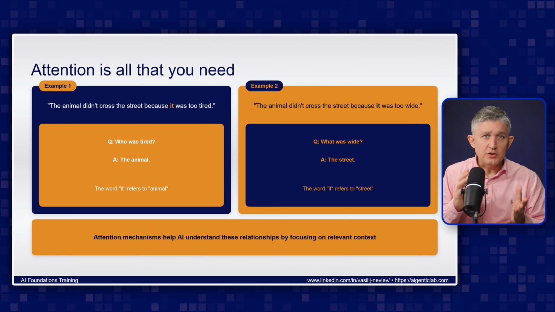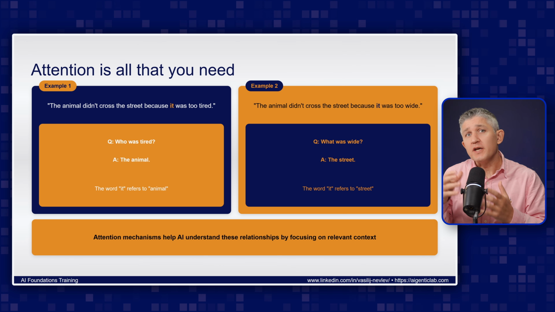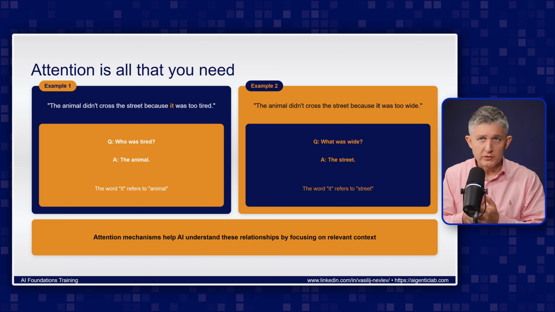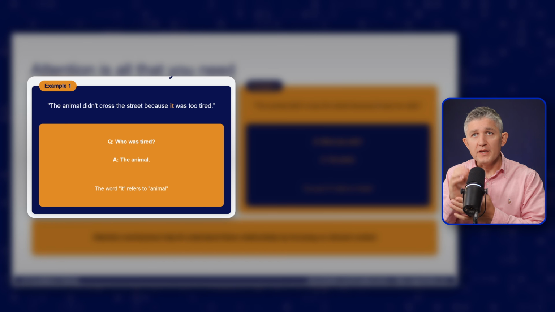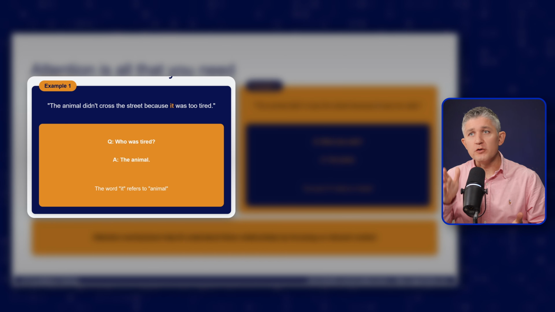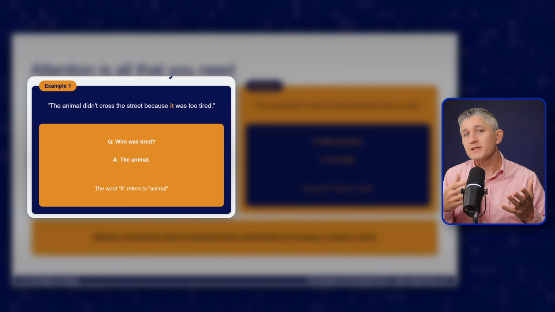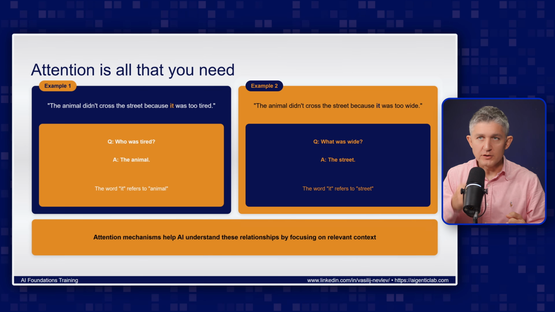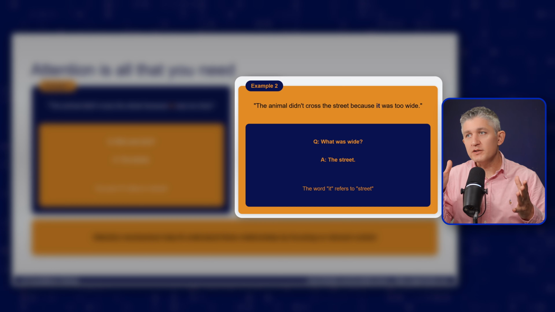Don't memorize it. Just know attention is the engine for how large language models work. Look at example 1. The animal didn't cross the street because it was too tired. Now, you know "it" in that sentence refers to the animal. Let's read another example. The animal didn't cross the street because it was too wide.